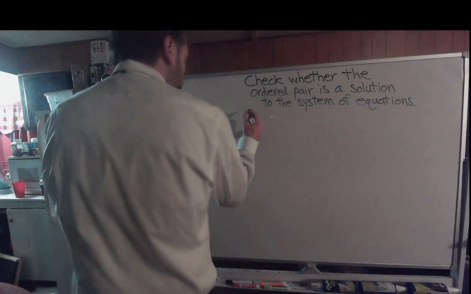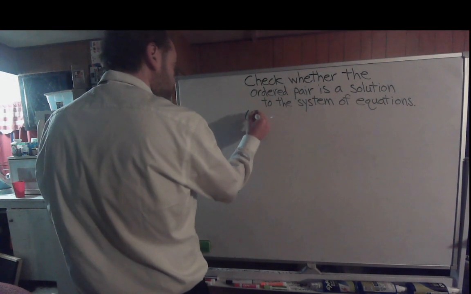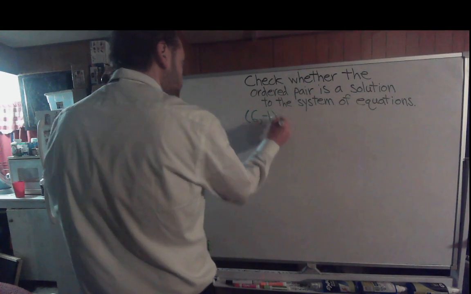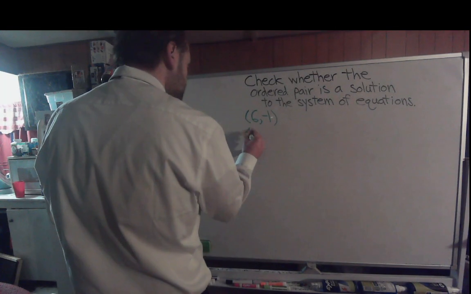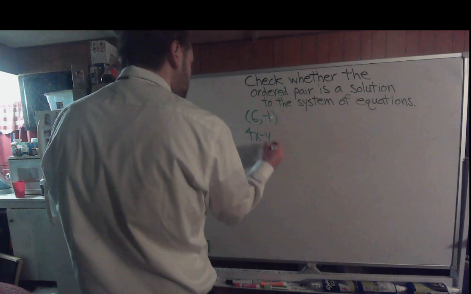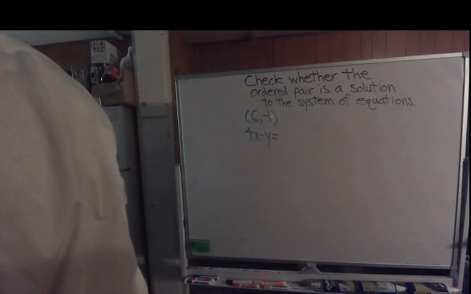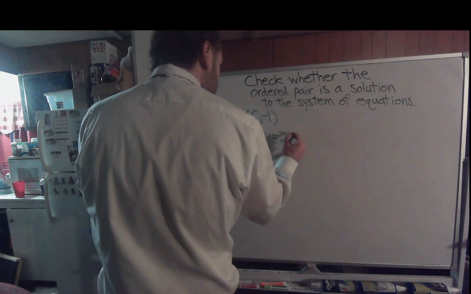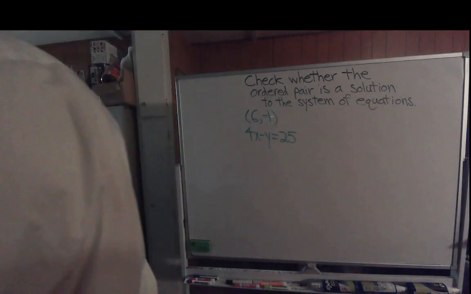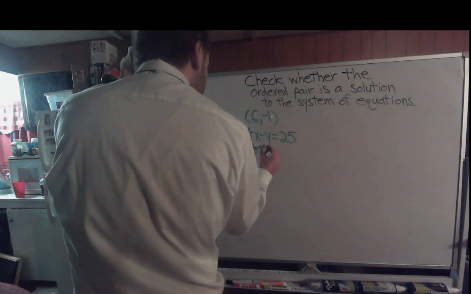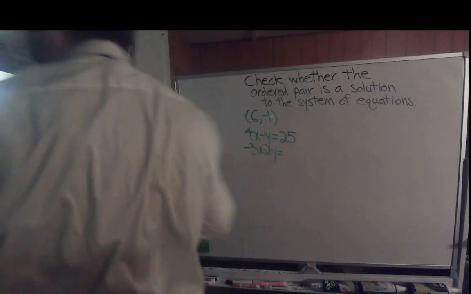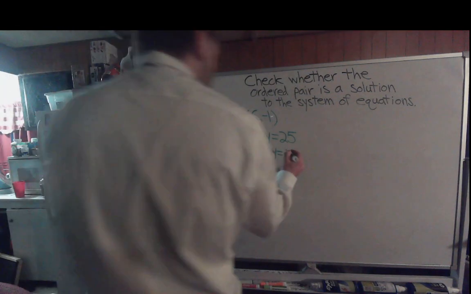We have the ordered pair (6, -1). The system is 4x minus y equals 25, then we have -3x minus 2y equals -16.